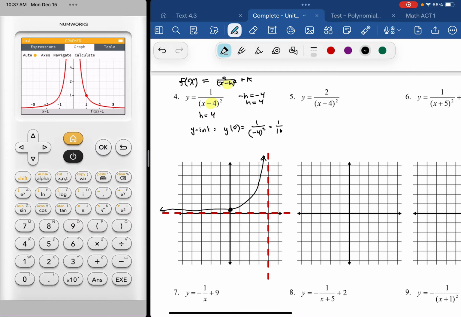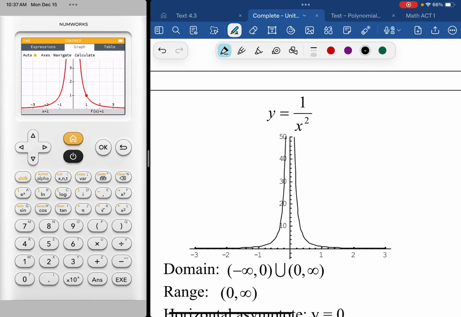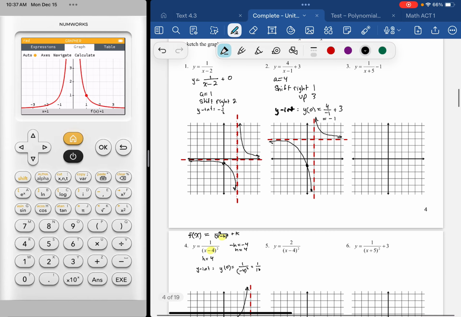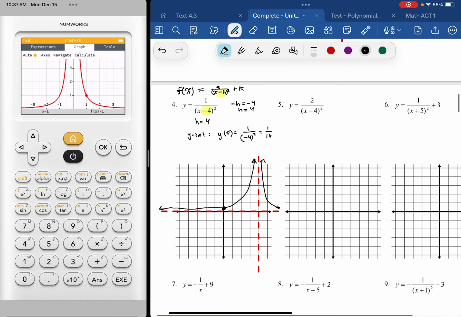And again, this is the 1 over x squared function, so it's an even function, in the sense that it'll have symmetry over a vertical axis. All it is, is shifted over, so it's going to look something like this. Number 4 is essentially the same idea, except you have a little bit higher y-intercept. It'll be 2 over 16, which would be 1/8, but it's essentially going to look like the same graph.